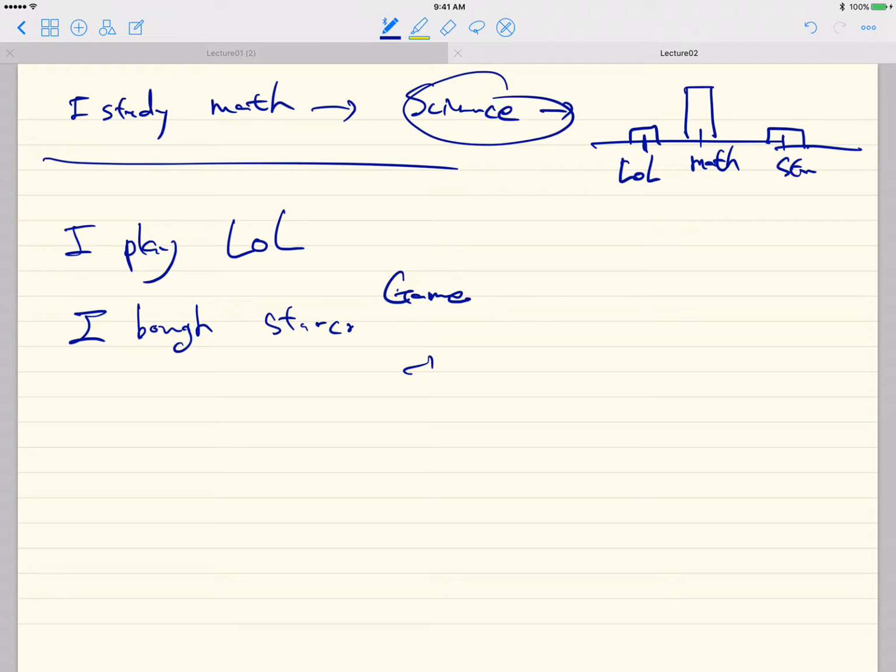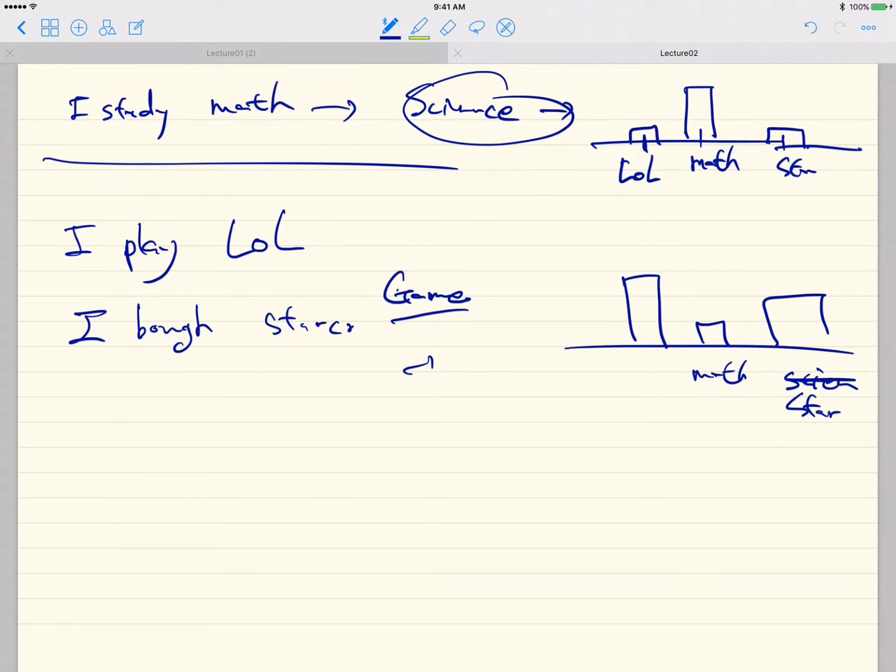The game category has its own different probability distribution of how likely we can observe a particular word in a given category. So these are maybe science words, like math, structure, and law.